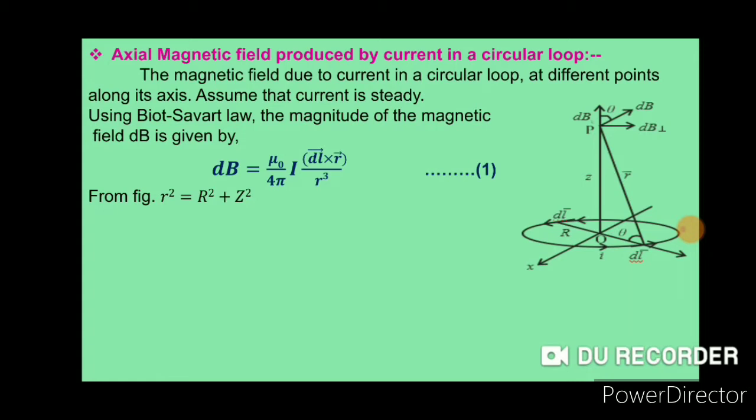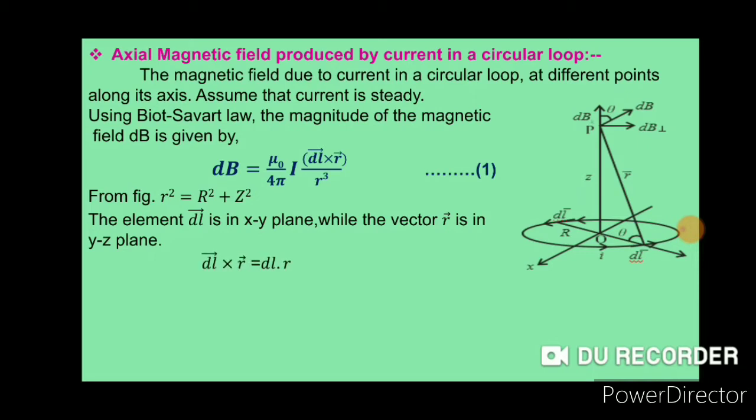Any element dl bar will always be perpendicular to the vector r bar from the element to the point P. The element dl bar is in the xy plane while the vector r bar is in the yz plane. Therefore, dl bar cross r bar is equal to dl r. Here the cross product has been used.